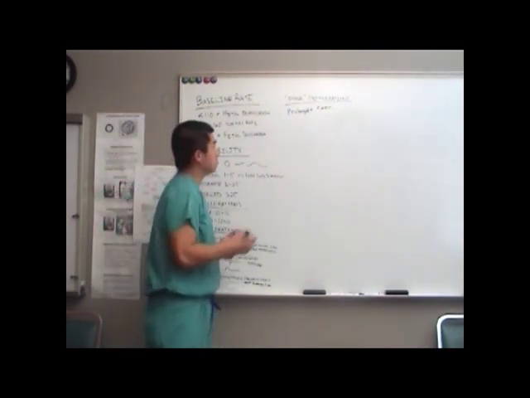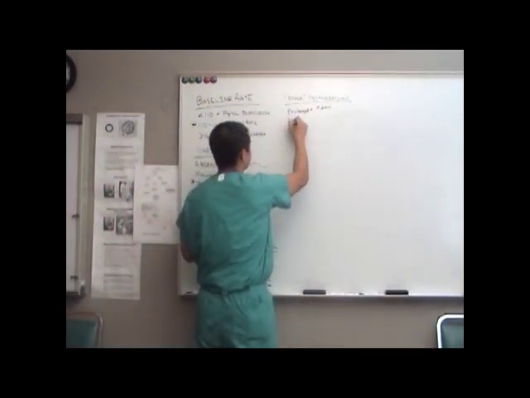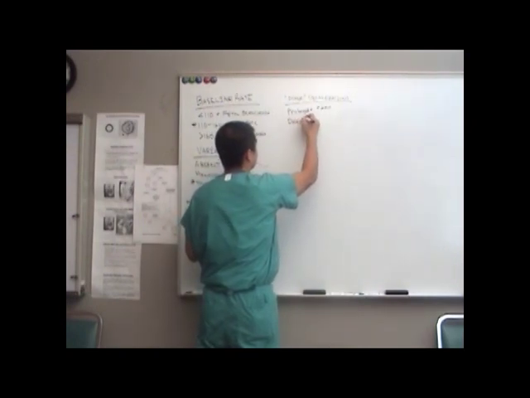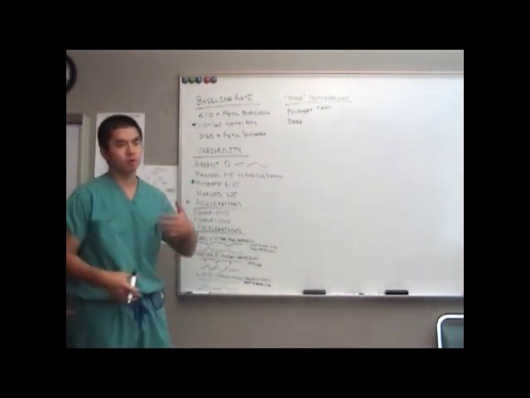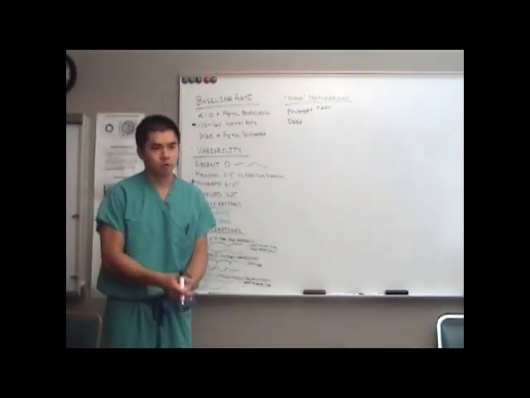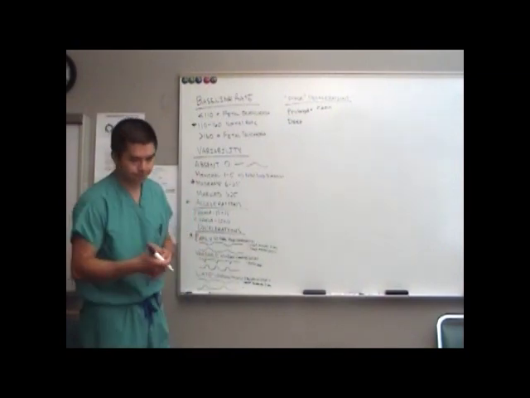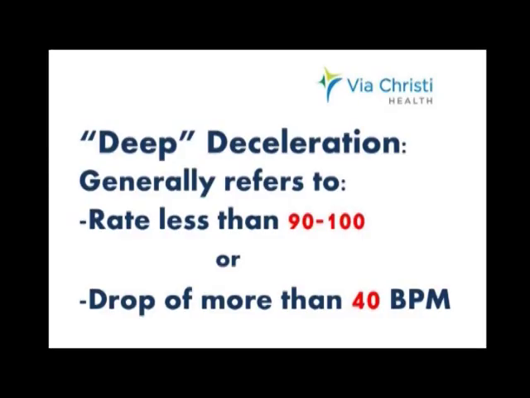The other one is a deep deceleration, which doesn't actually have a definition, but you'll hear people use the term, oh, those are deep decelerations. And in general, it seems to be used either when the rate is less than 90 to 100 or greater than a 40 drop from baseline.